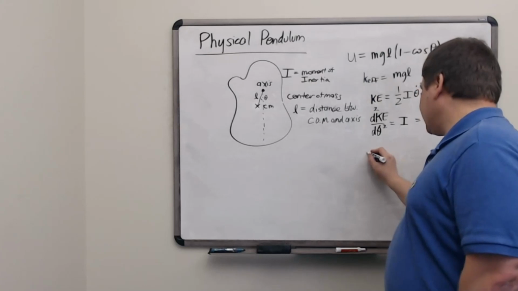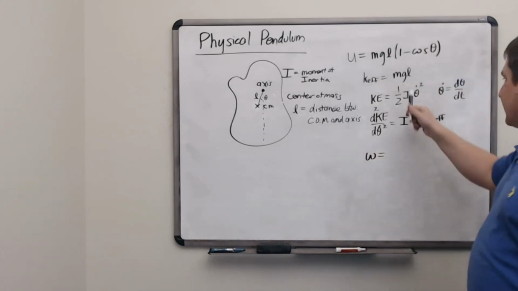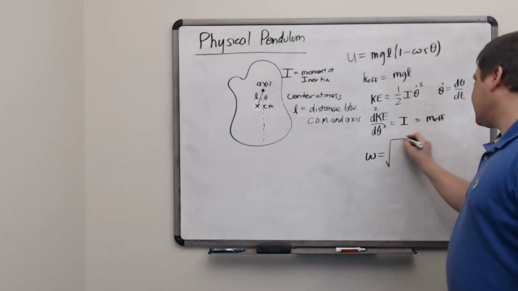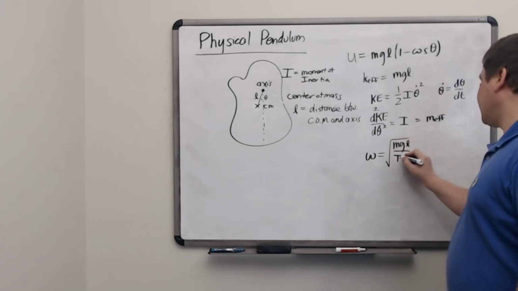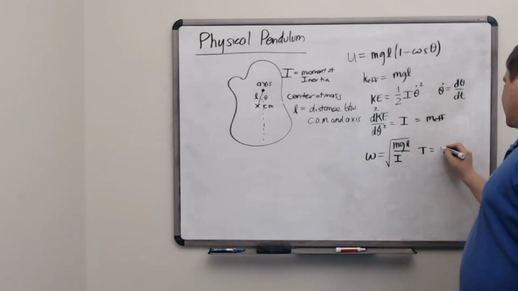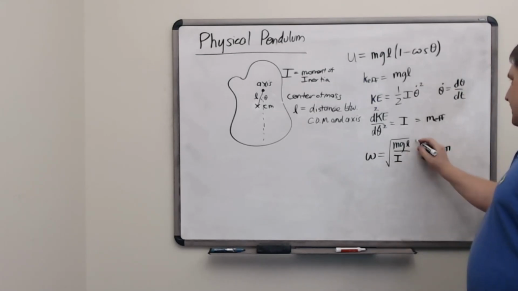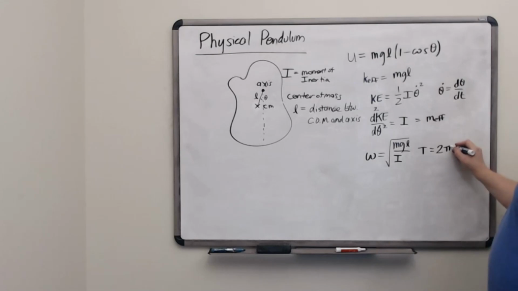So we can now take those effective spring constant and effective mass and predict the formula for the angular frequency of the object. So mgl over moment of inertia, where the square root is the angular frequency. The period is 2 pi times the square root of moment of inertia divided by total mass times the acceleration of gravity times the distance to the center of mass.